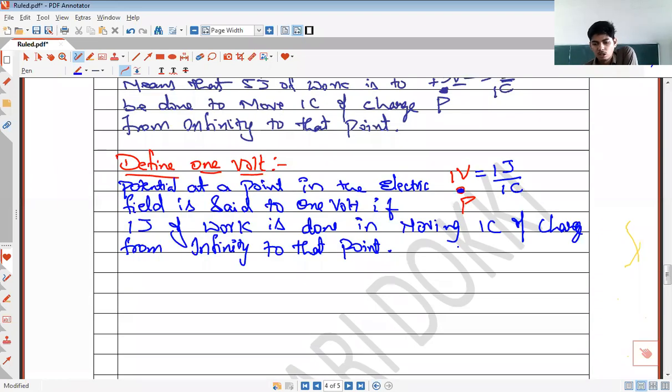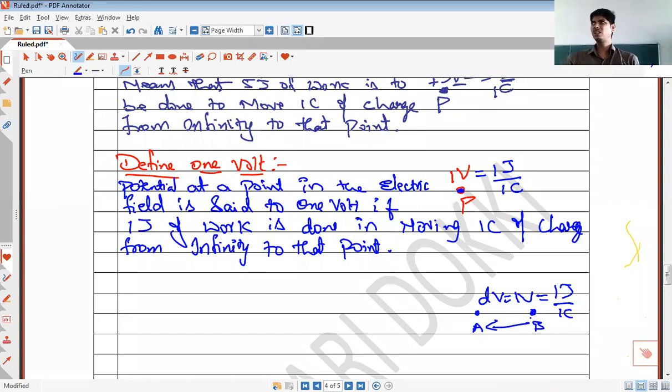Can you tell me, if I say potential difference between A and B is 1 volt, what do you understand? This is how you write it, 1 joule by 1 coulomb. So this means the amount of work done to move the charge from B to A, isn't it?